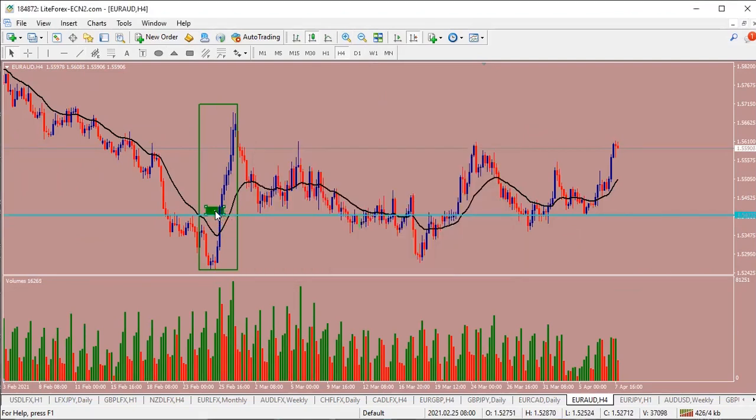Now, if you look at this particular place also, we have a breakout here, and we have a retest here. Yes, there's a breakout here, and that green area is the retest.